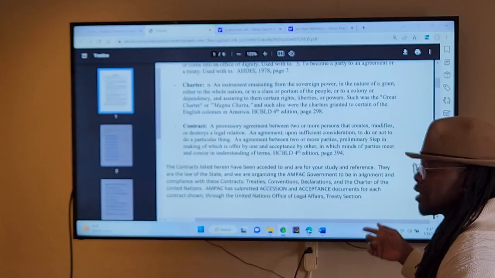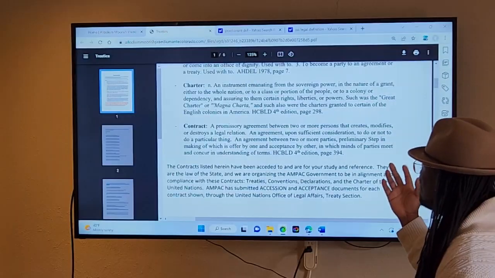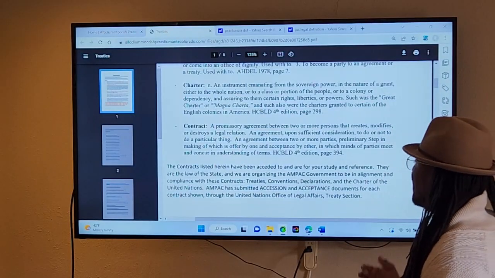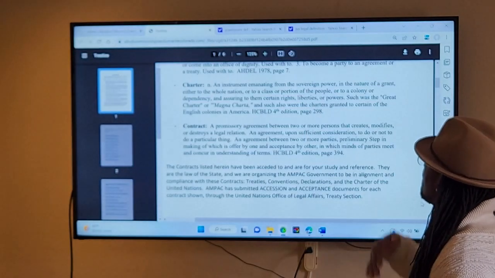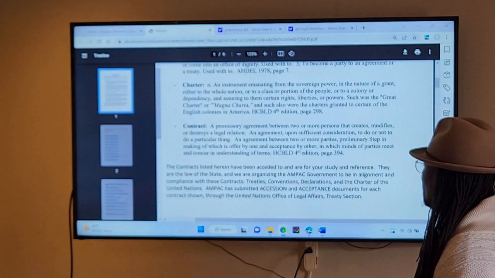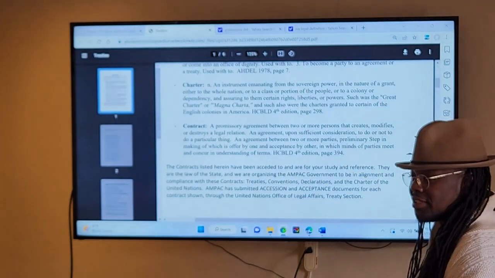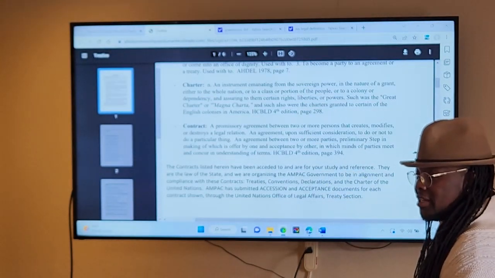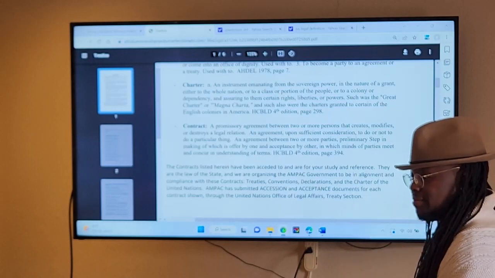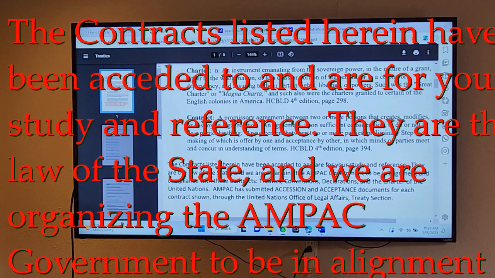We as an organized juror society have met as a government and agreed with the terms of the contract. And as a consequence, you put that on the record with the Secretary General of the United Nations and an application for acceptance to that international body. The contracts listed herein have been acceded to and are for your study and reference.